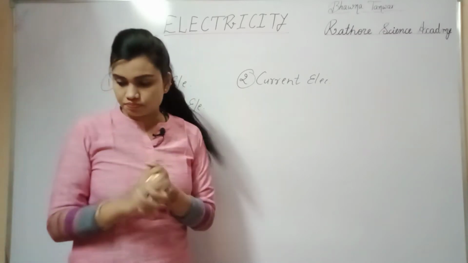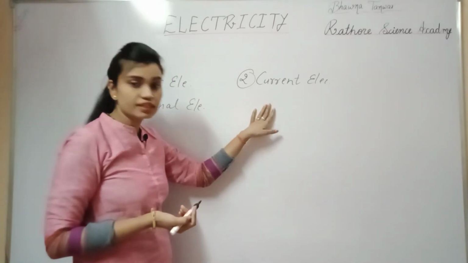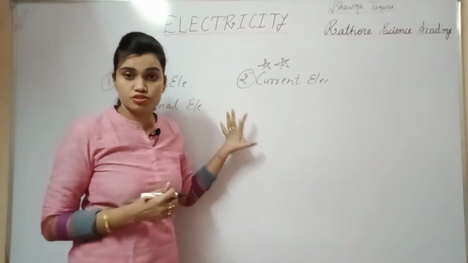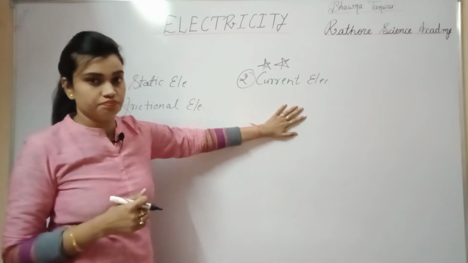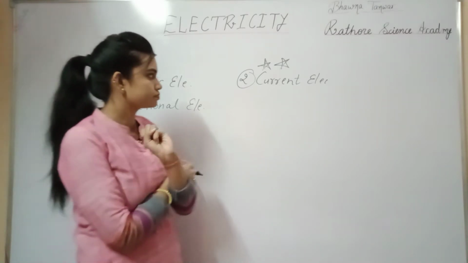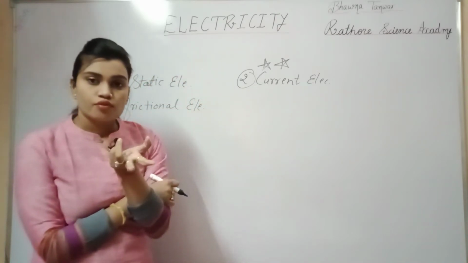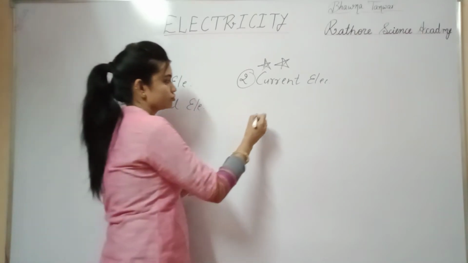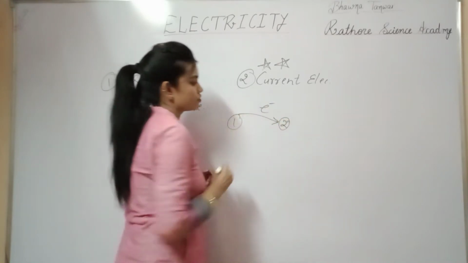Now see, the other type of electricity is current electricity. And this is a very important type of electricity, because your whole chapter is based on current electricity. Okay, let us discuss current electricity. Current electricity is developed due to the flowing of charges, or you can say flowing of electrons, from one point of a circuit to another point of the circuit.